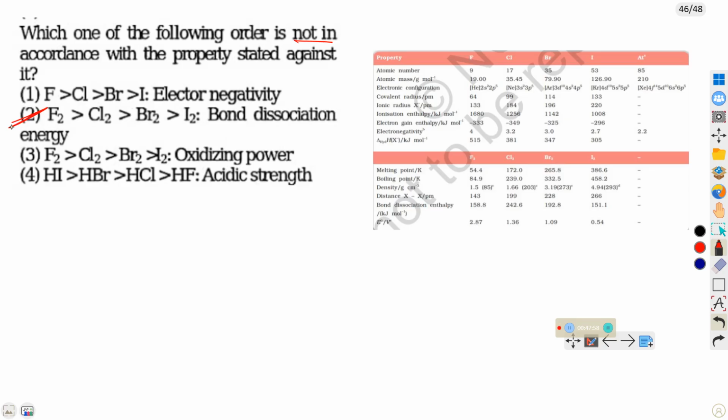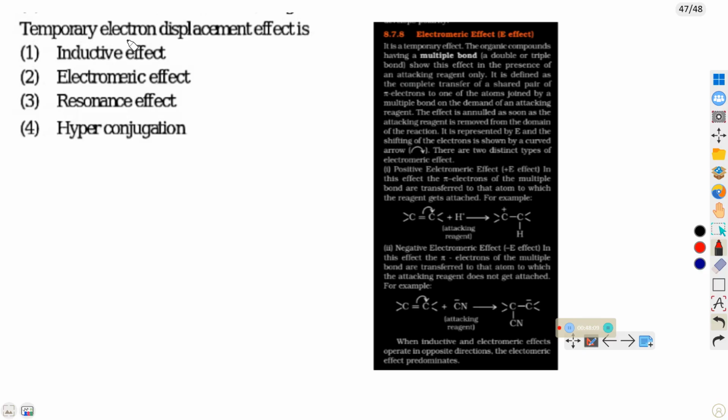Bond dissociation energy: the order is chlorine greater than bromine greater than fluorine greater than iodine. Temporary electron displacement effect is the electromeric effect. All the remaining effects are permanent effects.